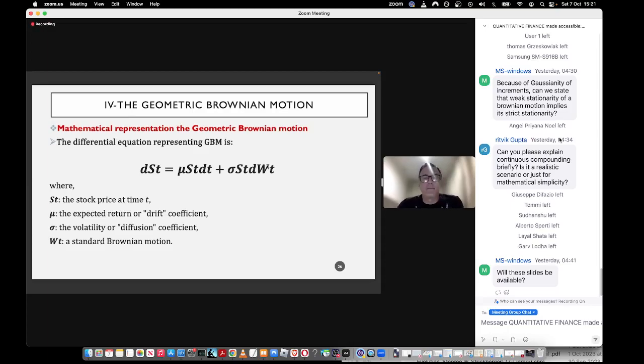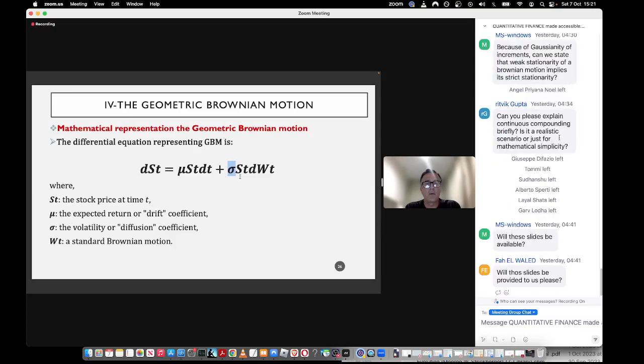You can use, and we will use, Ito's lemma, an approximation like a kind of Taylor expansion, but again here it's our component of randomness.